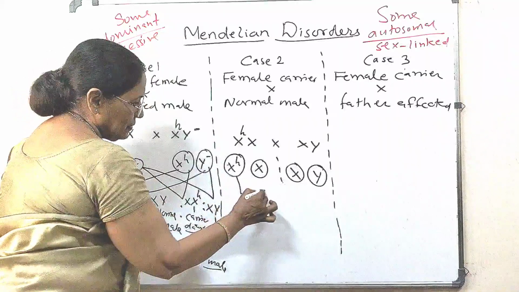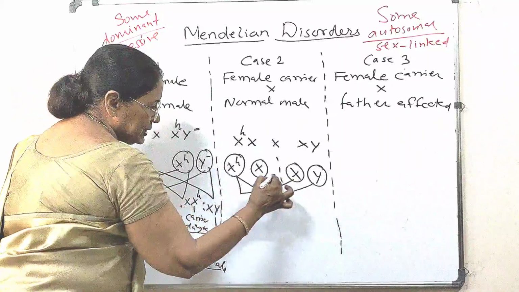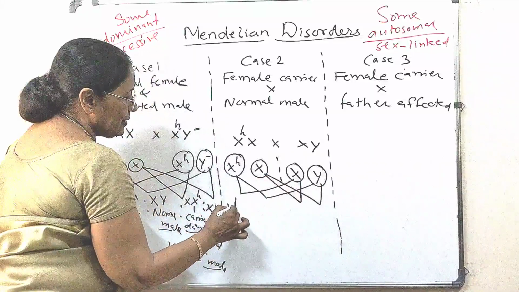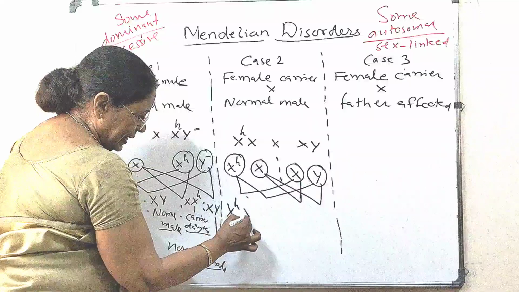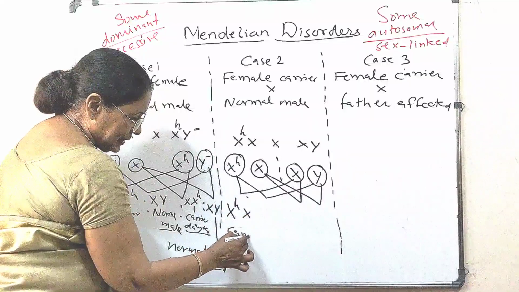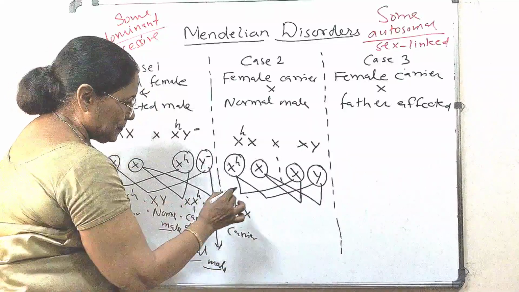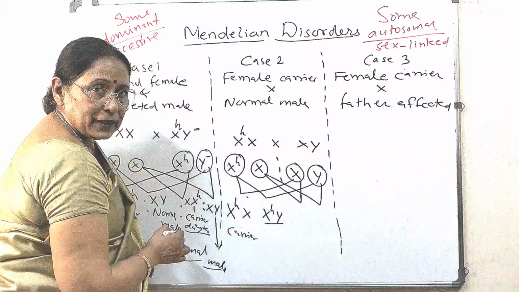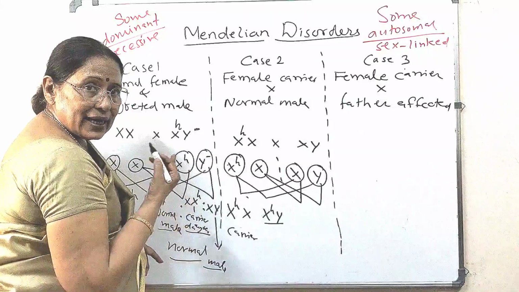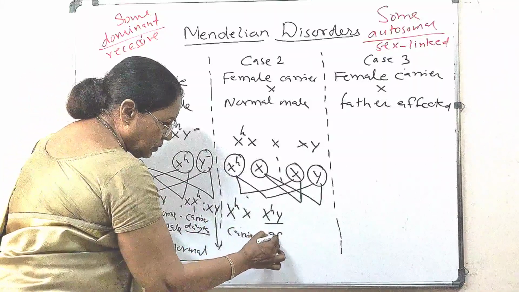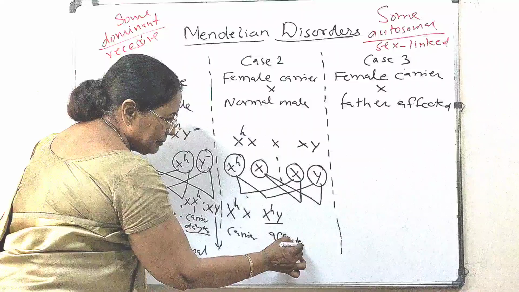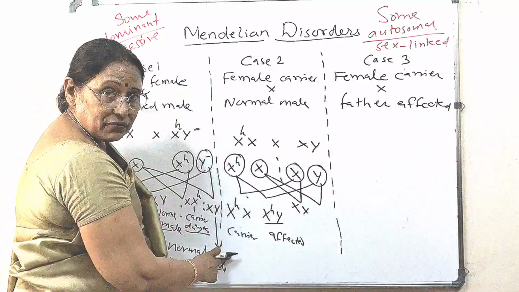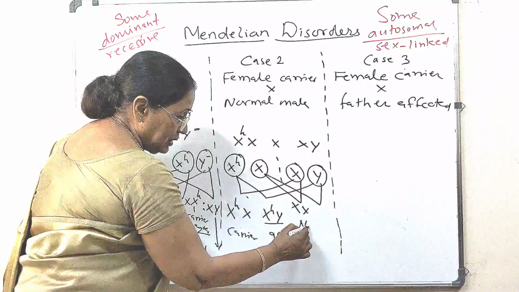So what about the children? Let us see. This is XH and X, which means this is again a carrier daughter. This is Xh and Y. Unfortunately for this one, only one X, and that too the diseased allele. That means this boy is affected. Next, X and X: this was the carrier female and this is the normal female.